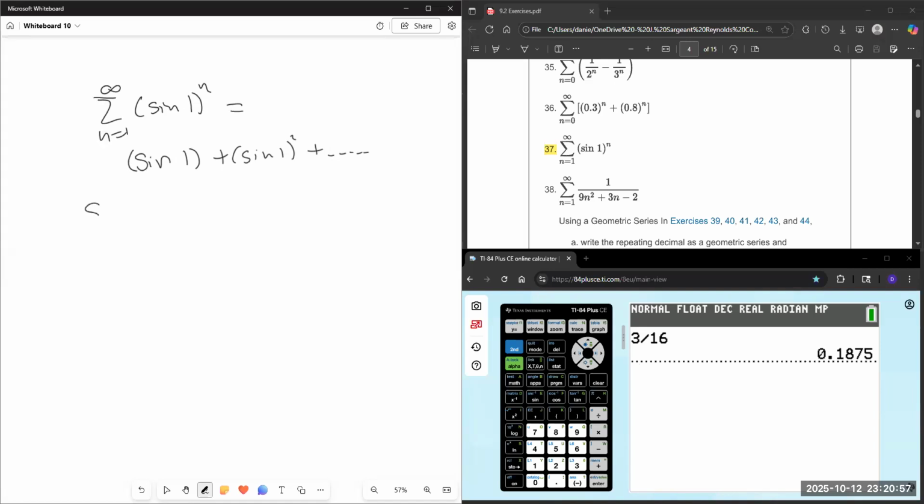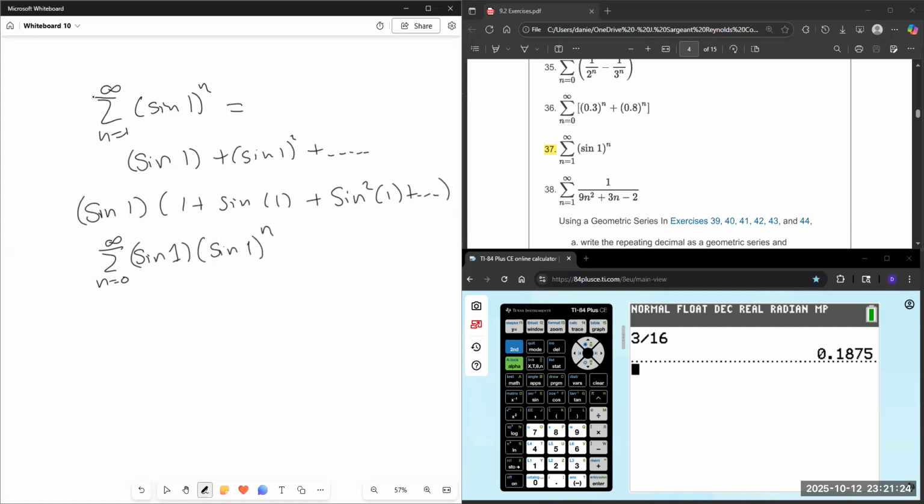So if I factor out sine of 1, that's 1 plus sine of 1 plus sine squared of 1 plus and so on, which is the summation from n equals 0 to infinity of sine of 1 times sine of 1 to the n.